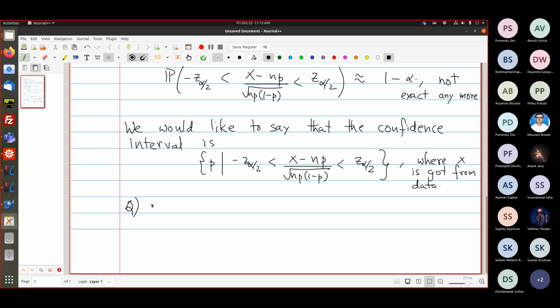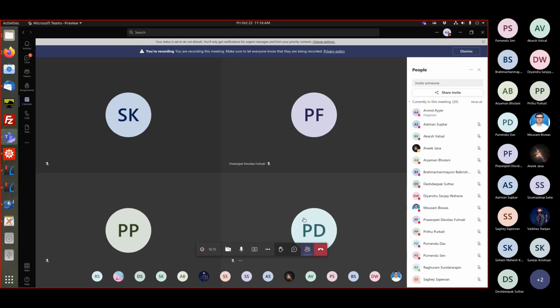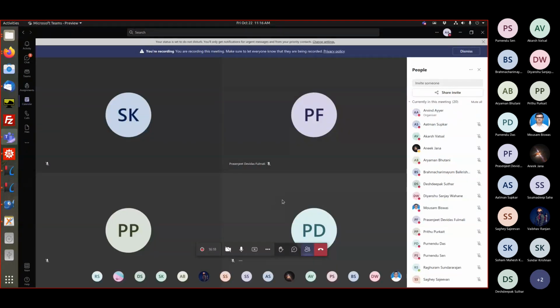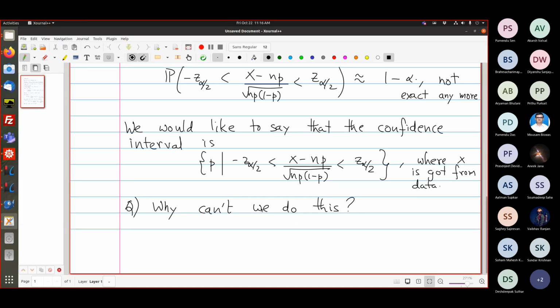So I have a question for you. Why can't we do this? We want a confidence interval for p. What is the problem? Why can't we say this? Anybody?